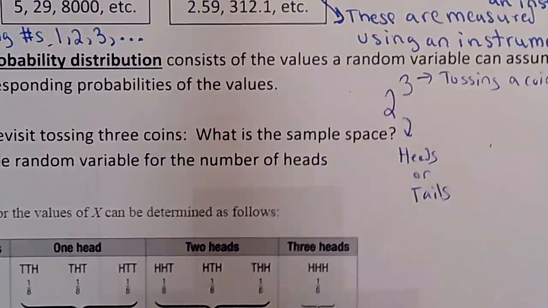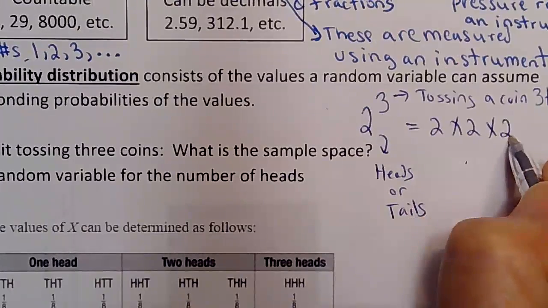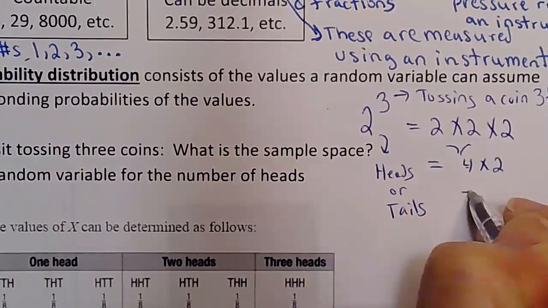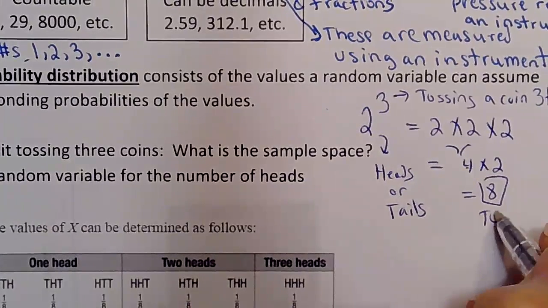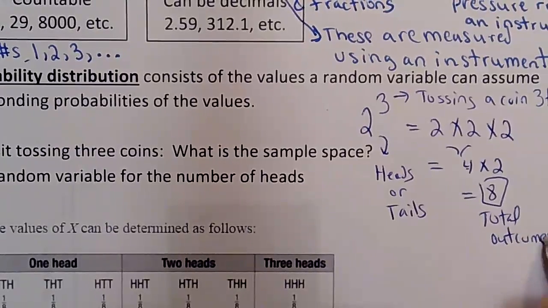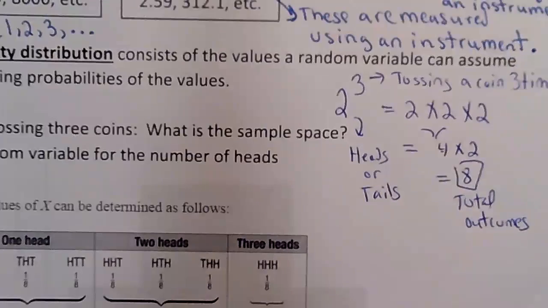Okay, so that gives you 2 times 2 times 2. So 2 times 2 is 4, and then 4 times 2 gives you 8. So there's your total outcomes. Remember we said the denominator was 8. Okay, so that gives you an idea of how many you'll have.